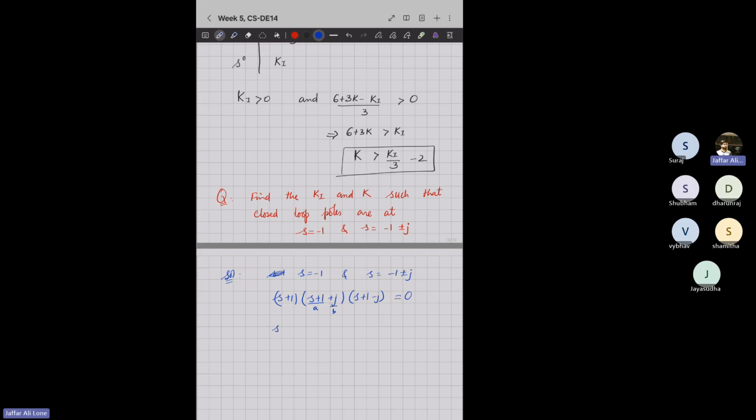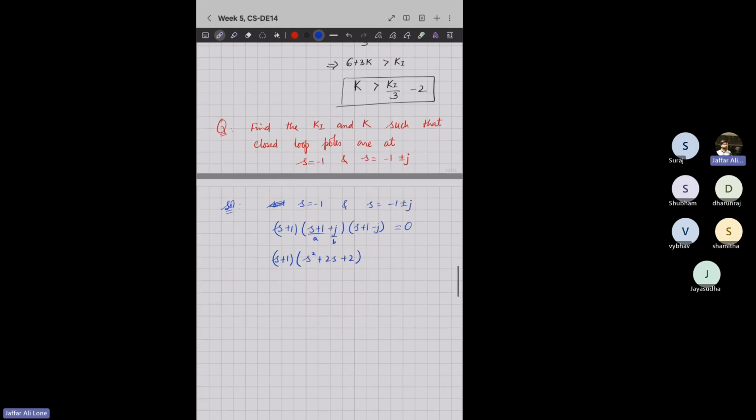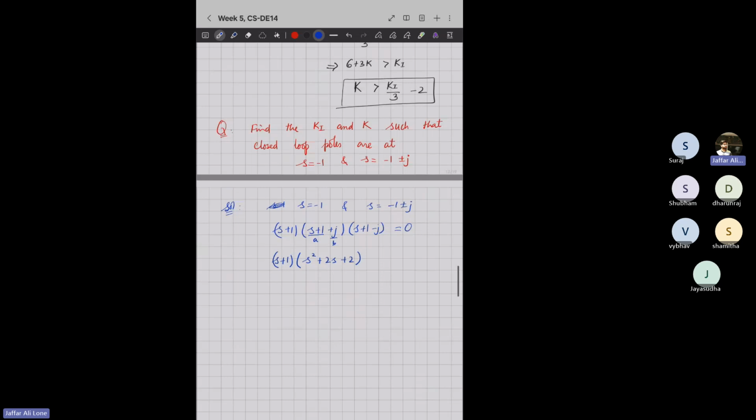Fine, so I can write (s plus 1). Now this I will solve. A square minus b square. So it will be s square plus 2s plus 2. And finally, when you solve it, you'll find s cube plus 3s square plus 4s plus 2.